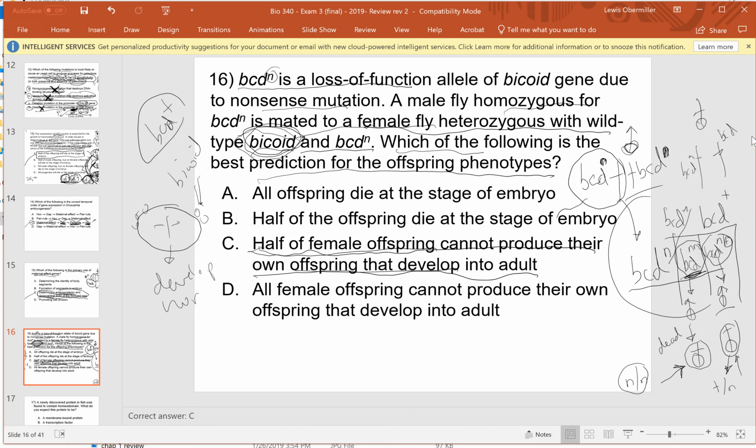It has one plus and one N. So all of her offspring, because of this, would develop normal heads and tails. All of this female's offspring would die because they couldn't develop head and tail. So one half of the female's kids would be dead. One half of the other female's kids would be normal. So the answer is C.